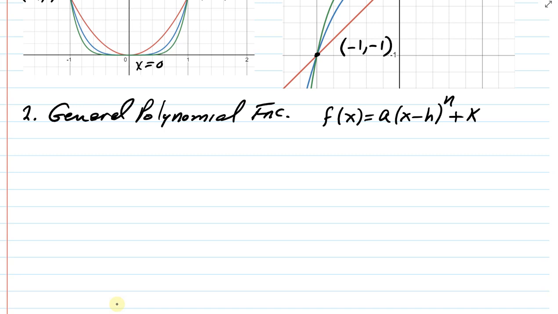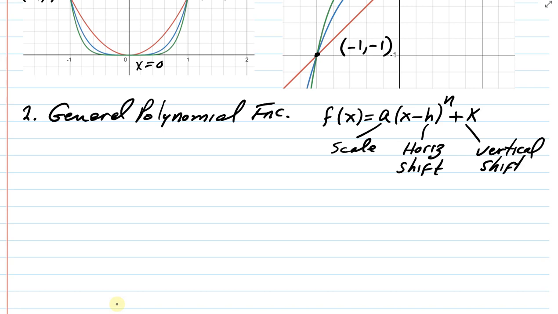Remember, we were talking about power functions, so that's why I have n in the exponent. And I'm allowing for scaling, a horizontal shift, and also a vertical shift of the basic graphs. Now let's go through and determine the effect of each of these.